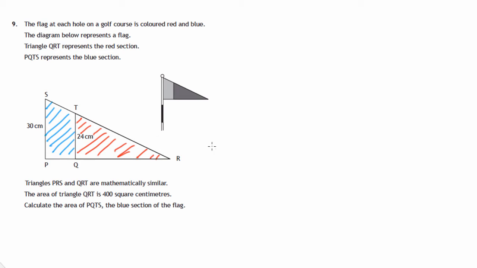So the information we've got is that the large triangle, the whole flag, and the smaller triangle are mathematically similar. We're told that this is 24 centimetres and that this is 30 centimetres.